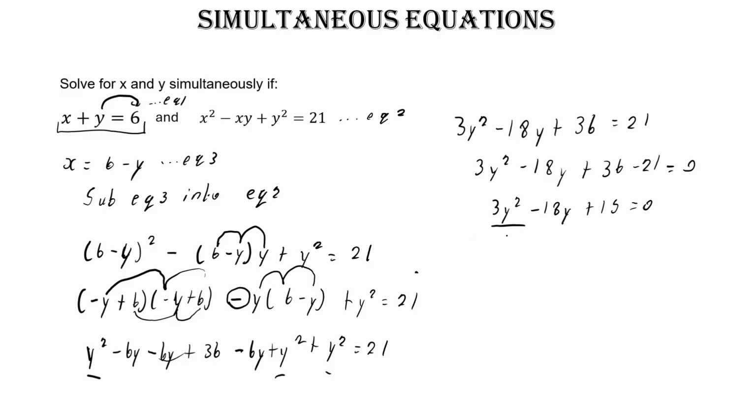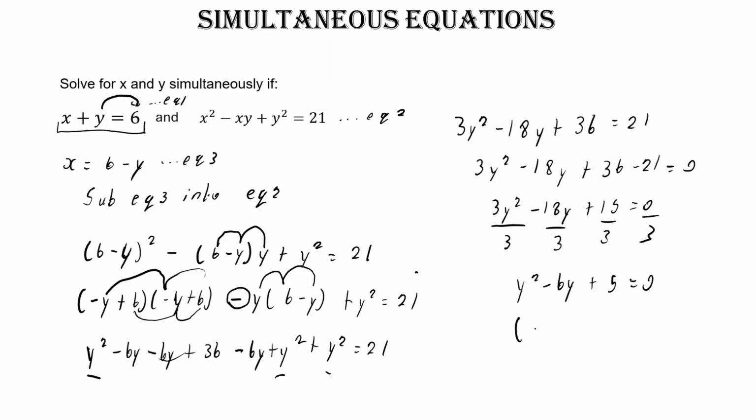We can divide everything by 3 because everything works out. Divide everything by 3. So y squared, and then 18 divided by 3 is just going to be minus 6y. And then 15 divided by 3, that's just going to be 5. Plus 5, make it equal to 0, right?